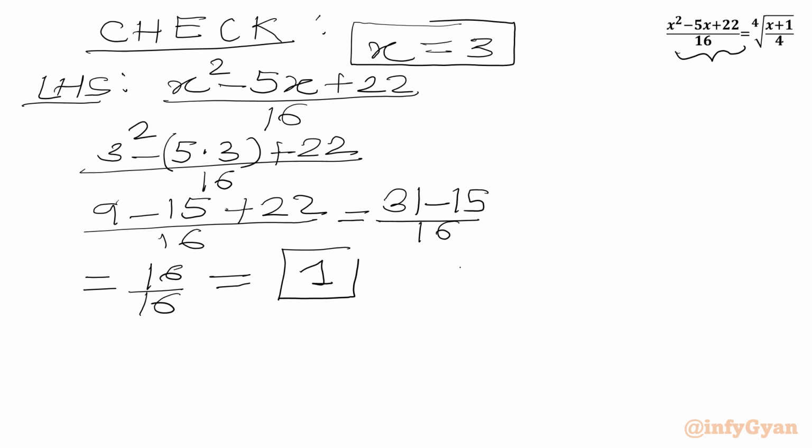So our LHS is 1. Now we will check our right hand side for x equal to 3. We'll write the 4th root of (x + 1)/4.